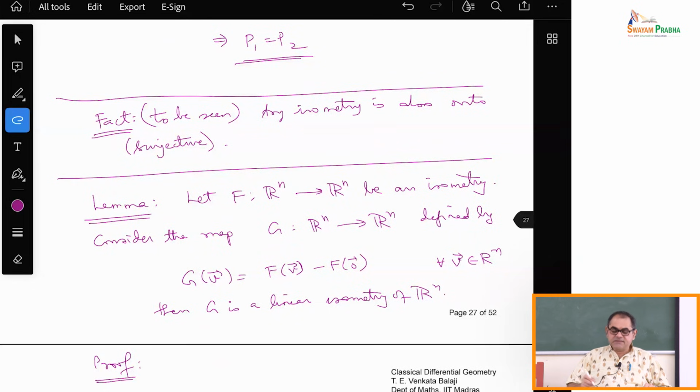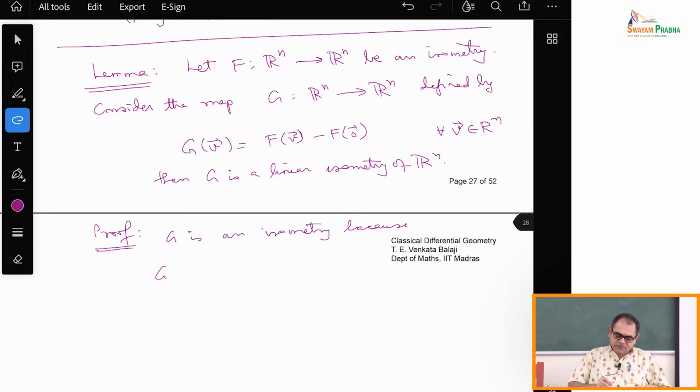The first thing is that G is an isometry is very clear.